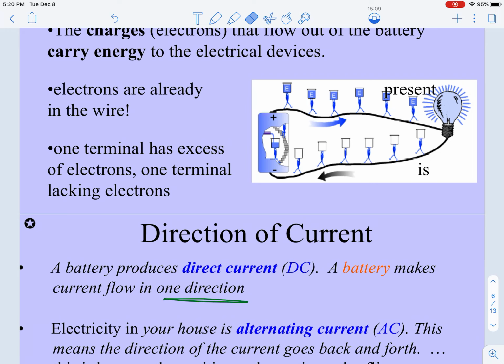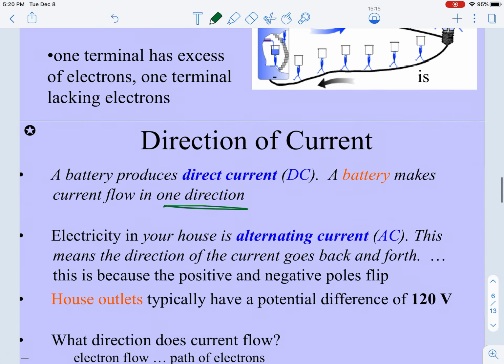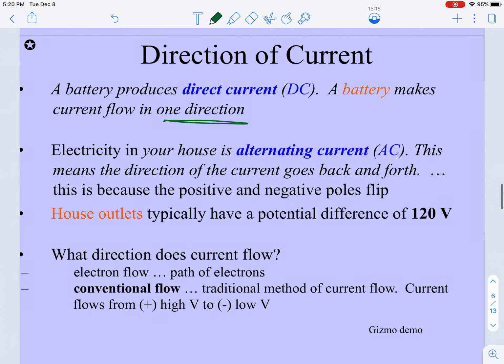So the direction is the same for the entire illustration. At no point did these electrons decide that they wanted to turn around and march the other way. They were all marching in the same direction, moving quote unquote forward, or in this illustration, we could describe this as being clockwise. So having one direction is referred to as a DC current.